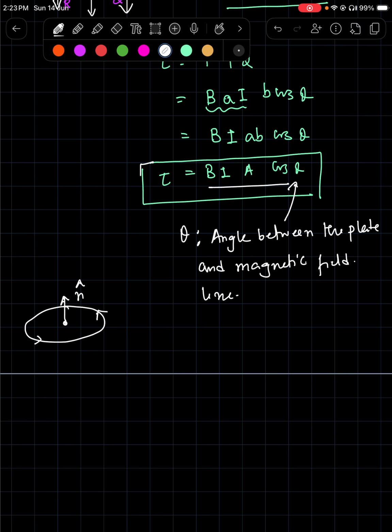It is a convention you can take. If this area is A, then A times n cap, where A is the value of the area, multiplied with the unit vector n cap, gives me the area vector. So this is the definition of the area vector. Area itself is a scalar quantity, but a vector quantity can be formed by multiplication with this unit vector, and that is called the area vector.